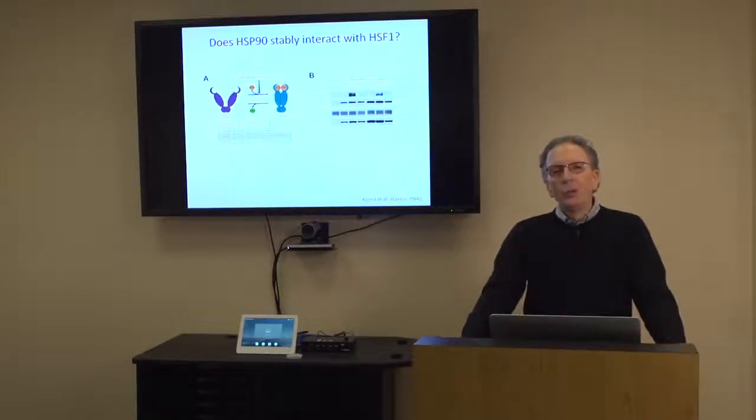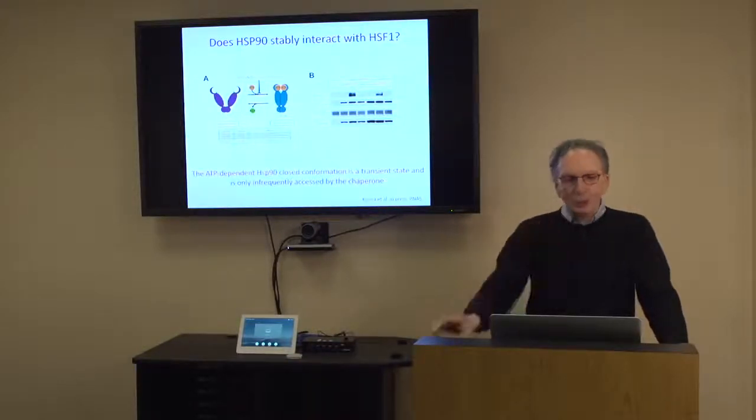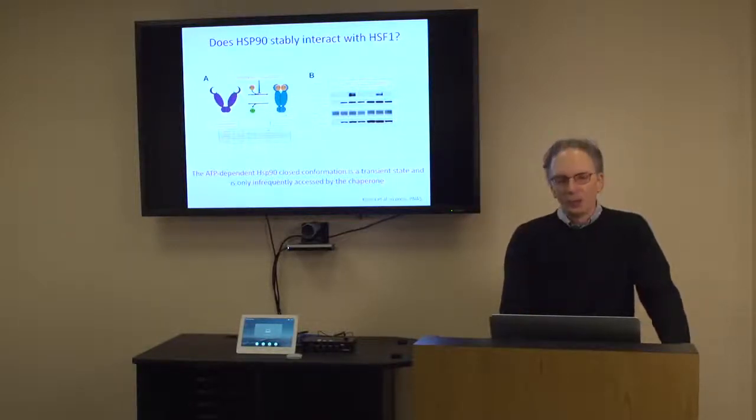The closed mutant of the beta isoform also associates, but not as strongly as stress-inducible HSP90 alpha. So what this is telling us is that the ATP-bound HSP90 can associate, and its association is readily detectable. But in human HSP90, the ATP-dependent closed conformation is very transient and is only infrequently accessed by the chaperone, even in the presence of ATP.